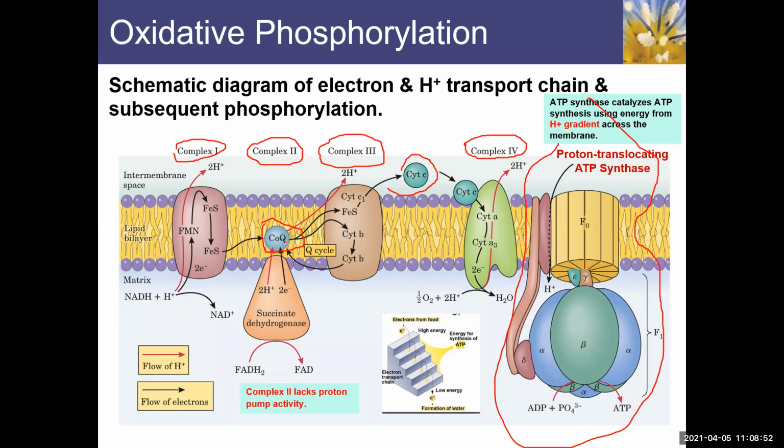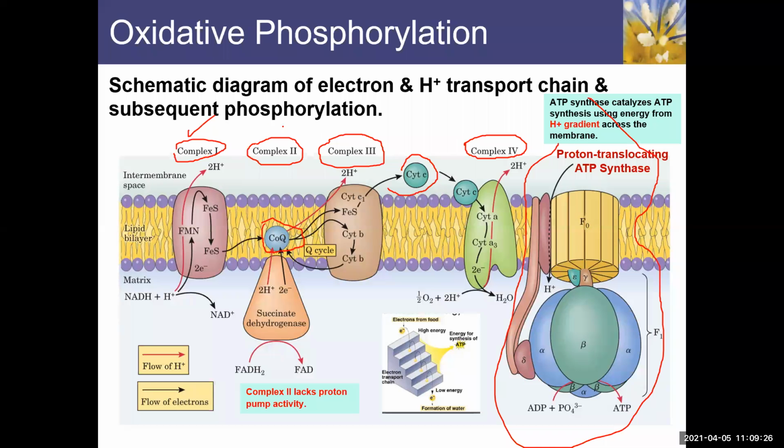When I say hydrophobic carrier, that means if you know the structure of the plasma membrane, we have a phospholipid bilayer over here. When I say hydrophobic, don't you think it can move here and there everywhere because it's hydrophobic in nature? COQ, which is also called ubiquinone, is hydrophobic, so it can move anywhere.